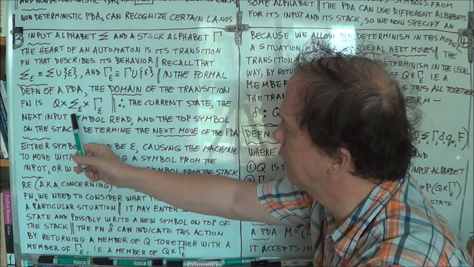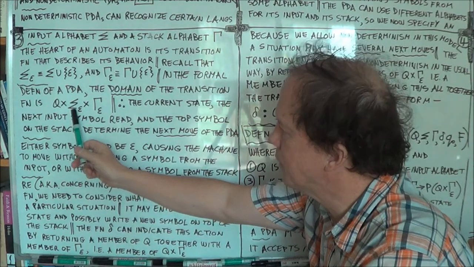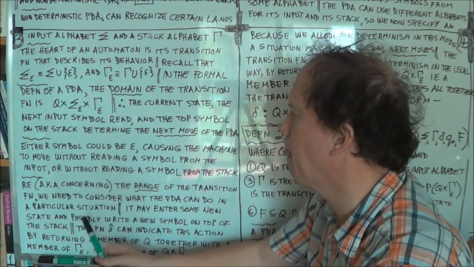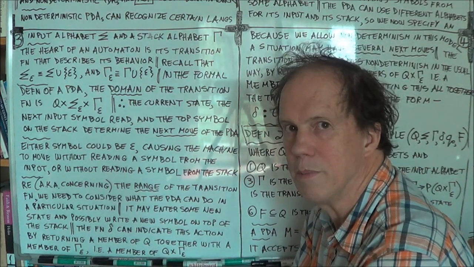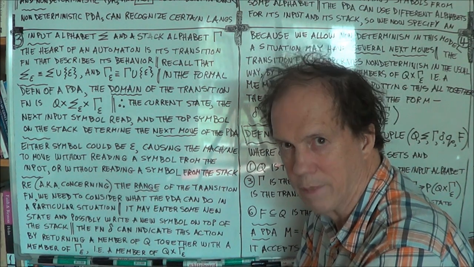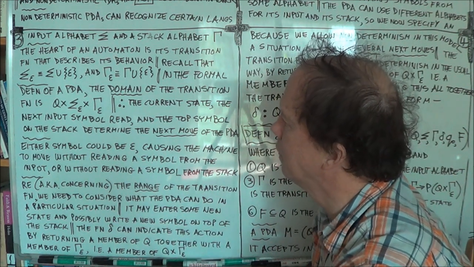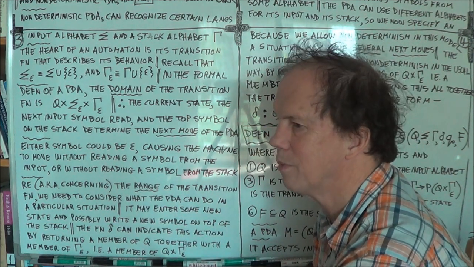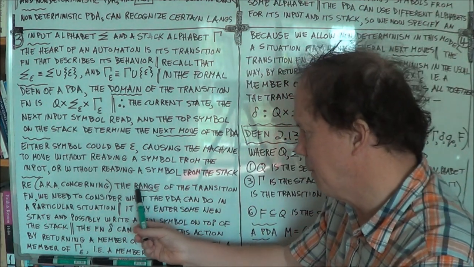If the second one in your ordered triple is an epsilon, then you don't read the symbol in the input string. And if the third is an epsilon, then you're not looking at the stack.